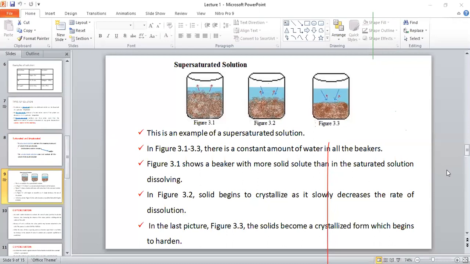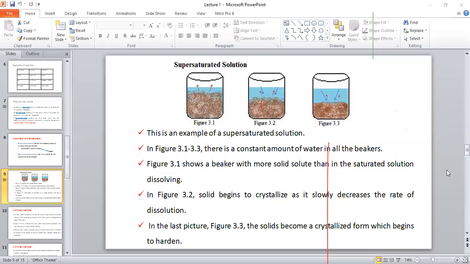So a supersaturated solution now has the solution and is able to accommodate more solutes in it. So you have the supersaturated solution there, figure 3.1.